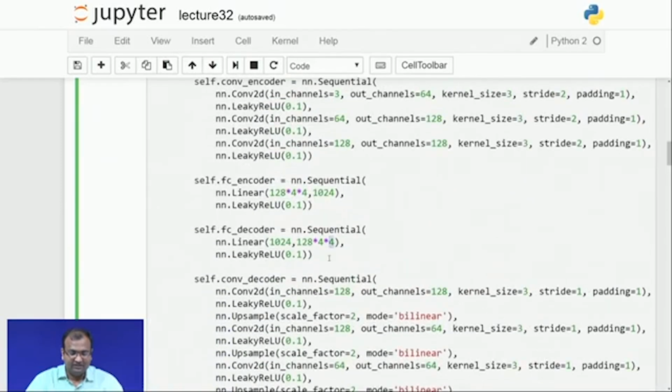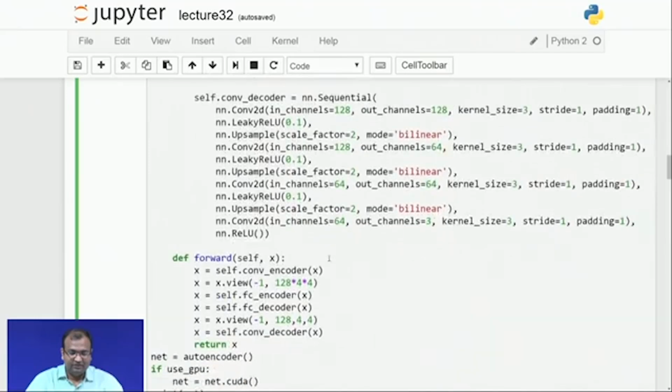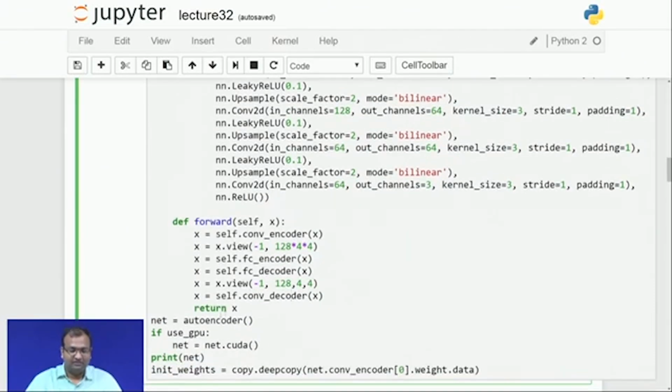Once I am over here, there is a bunch of linear neurons which have to be undone and converted again onto my vector space of 128 cross 4 cross 4. Once that is done, you can pass this 128 cross 4 cross 4 sized tensor onto your convolutional decoder block. Once I come down over here, I see that my output size is the same as the input which I had provided.